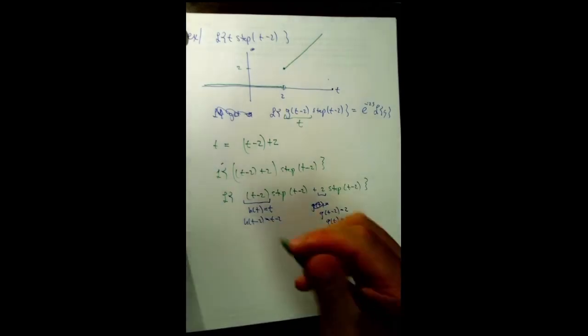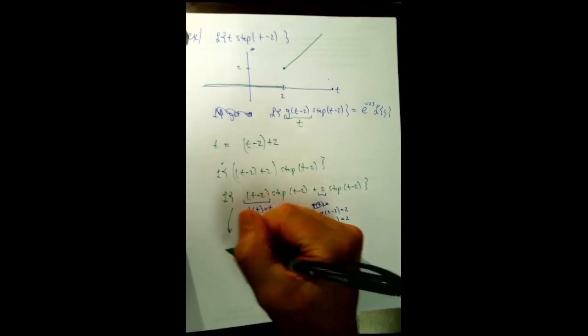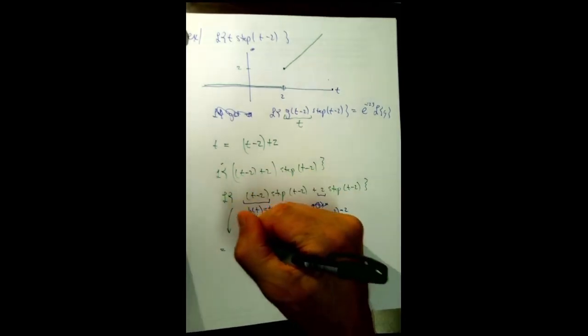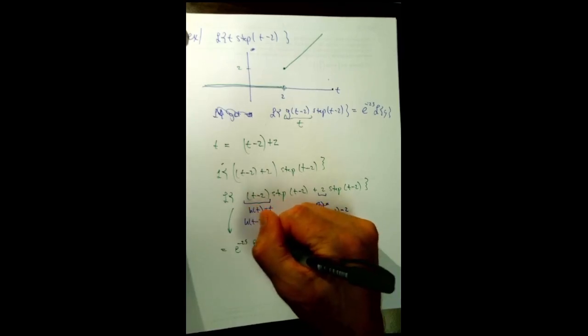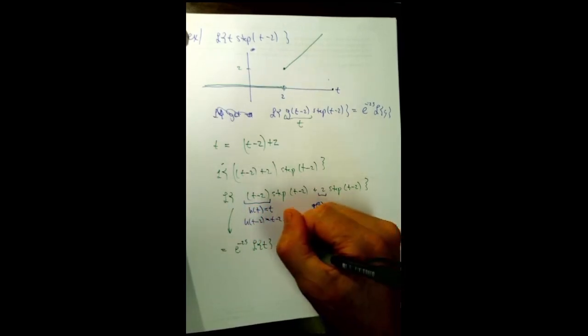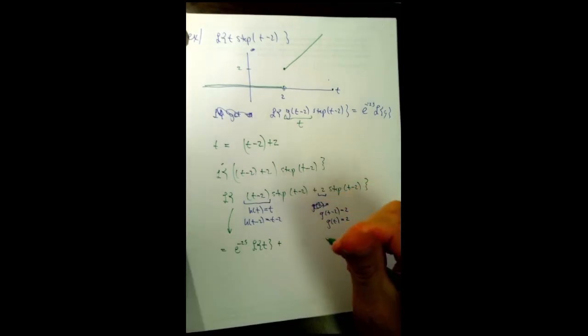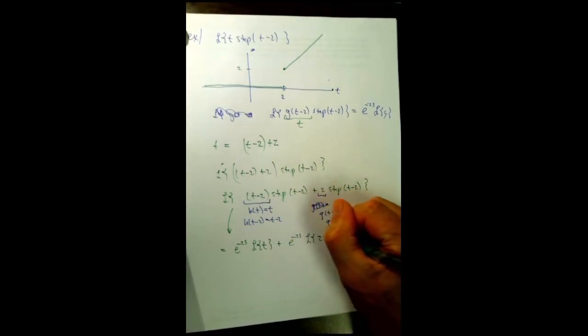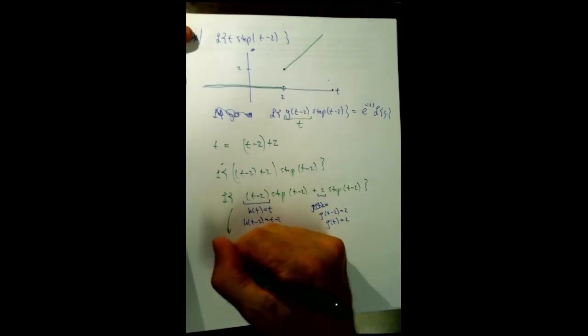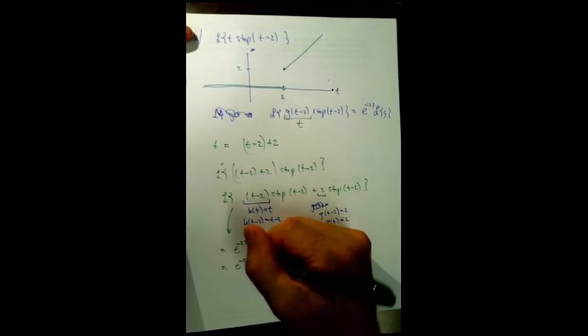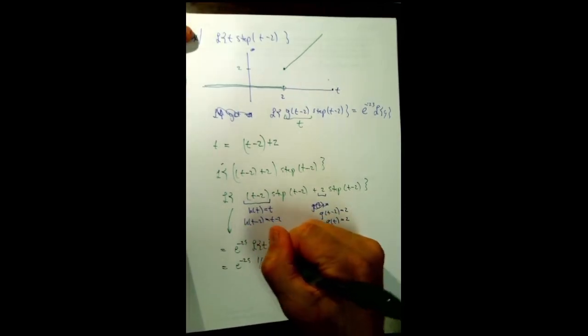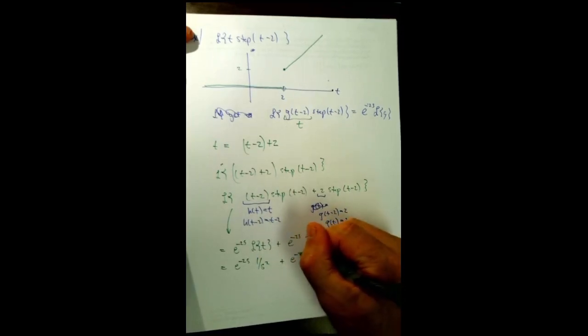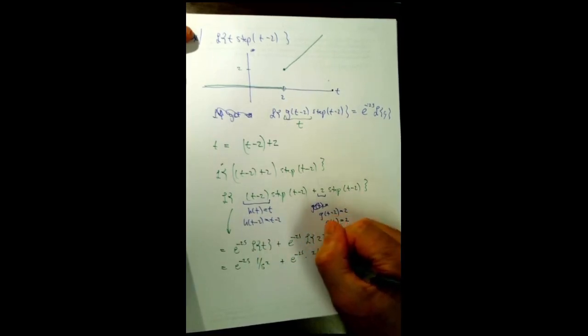So that means then that this Laplace transform is going to be e to the minus 2s times the Laplace transform of t plus e to the minus 2s times the Laplace transform of 2. Laplace transform of t is 1 over s squared. Laplace transform of 2 is 2 over s.